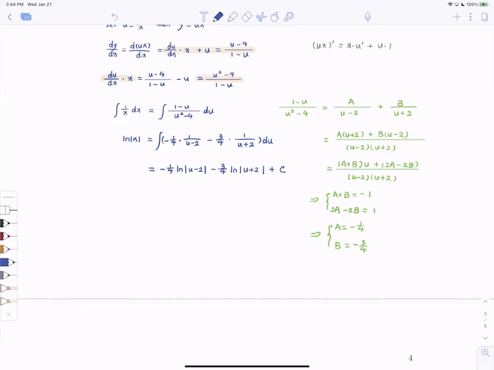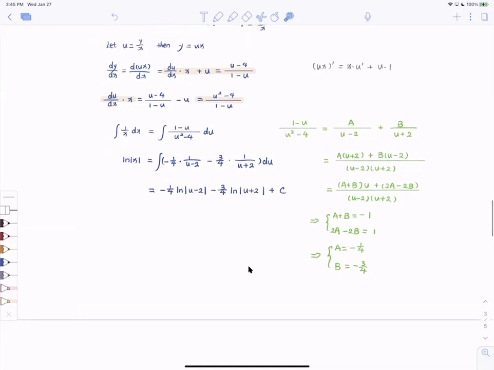No? No question? Okay. So if they ask you for explicitly, then you need to write it as x equals e to the power of blah blah blah, and then plus or minus. Okay. So I'll leave it like this because that's really long. Wait, what am I saying? No. You're not solving for x.